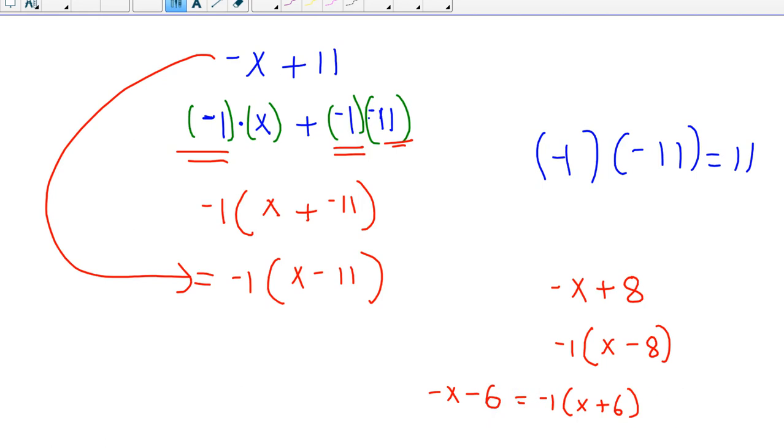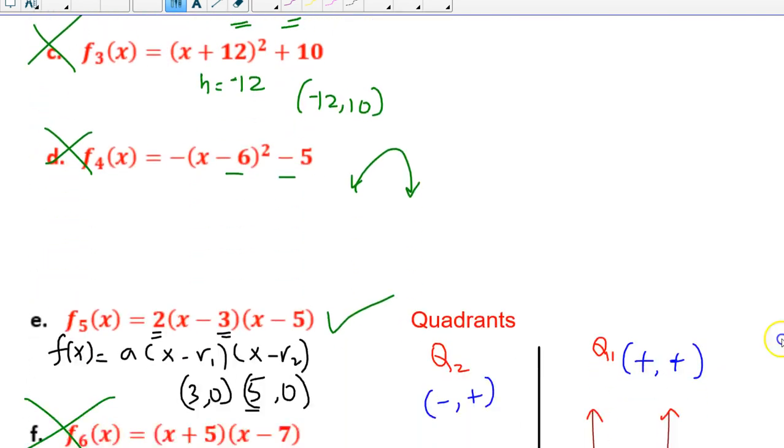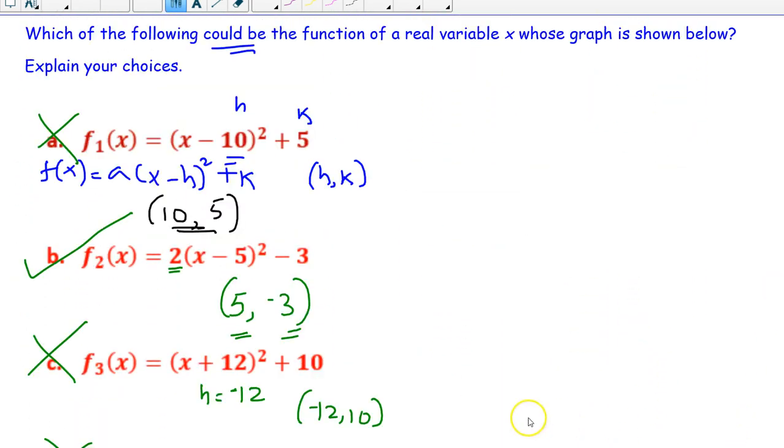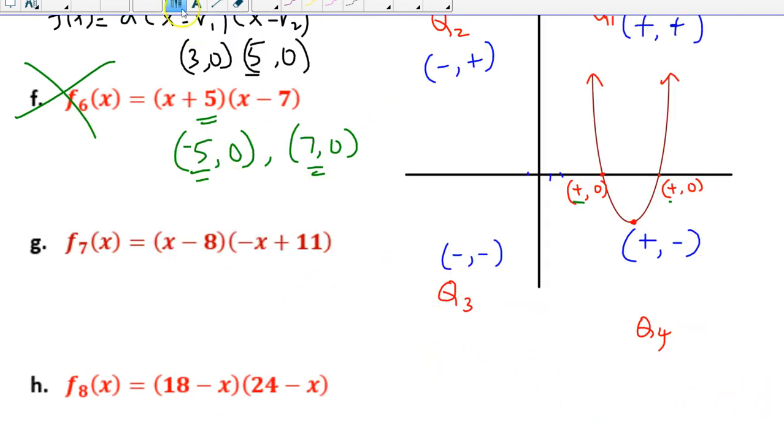Okay, now let us go back to our problem here. This one, I can change it to what? This is x minus 8, I'm not doing anything to that. But this becomes times negative 1 times x minus 11.